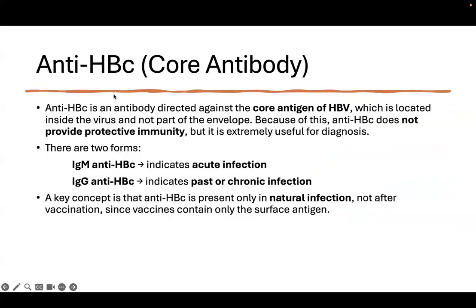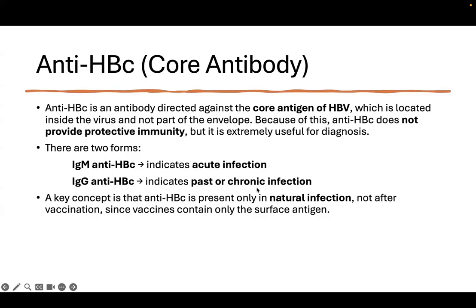There's the hepatitis B virus vaccination, which you can induce. Then you have the core antibodies. The core antibody does not provide protective immunity. As I said, it's literally as useless as a fifth leg of a chair. You don't need it. It's only useful for diagnosis. You have two forms, the IgM and IgG. IgM tells you, is this an acute infection?